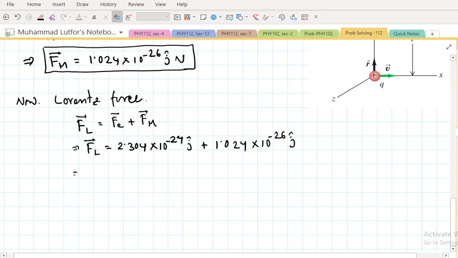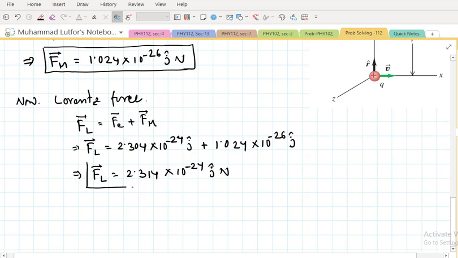The magnetic force is lower than the electrostatic force. Then your resultant force is going to be 2.314 into 10 to the power minus 24 j hat Newton.